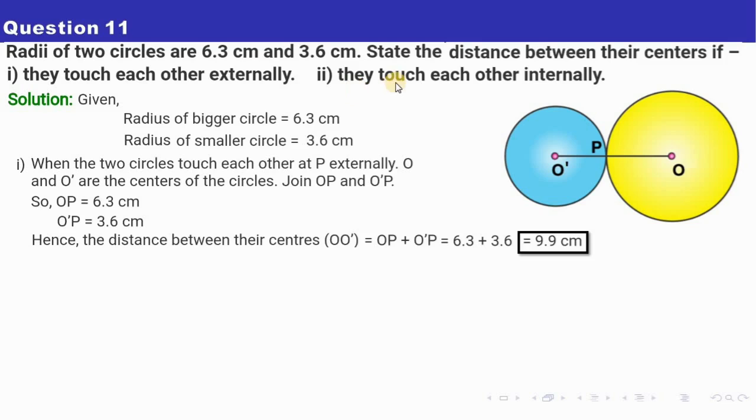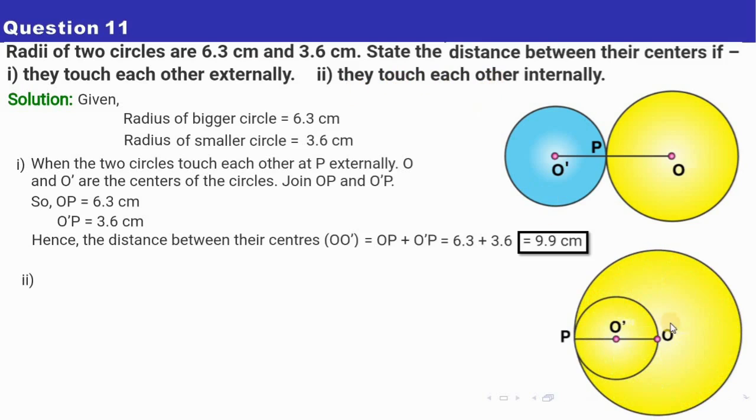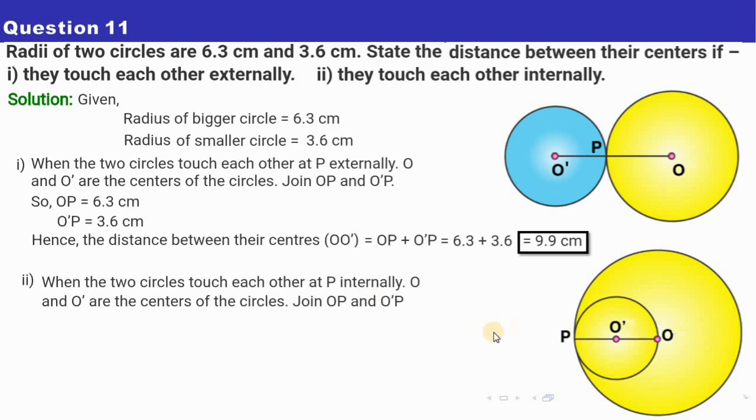Now let us go to the second case, when they touch each other internally. So this is the case here. There's a bigger circle and a smaller circle and they touch each other internally at point P. Again we need to find the distance between the centers, that is O dash O. But in this case, if you see carefully, O dash O will be calculated by subtracting O dash P from OP.